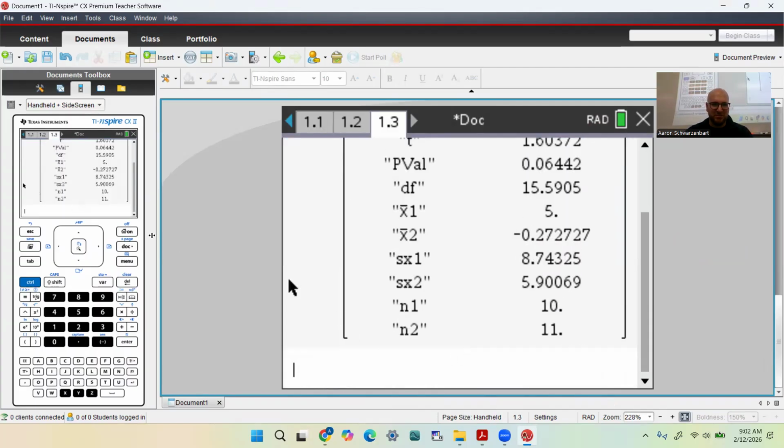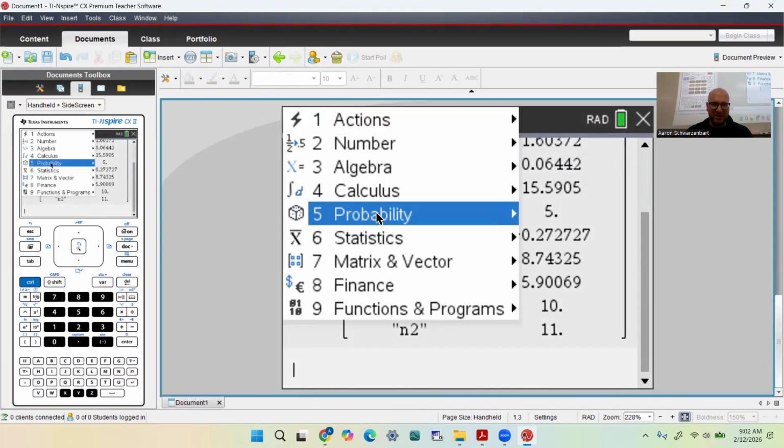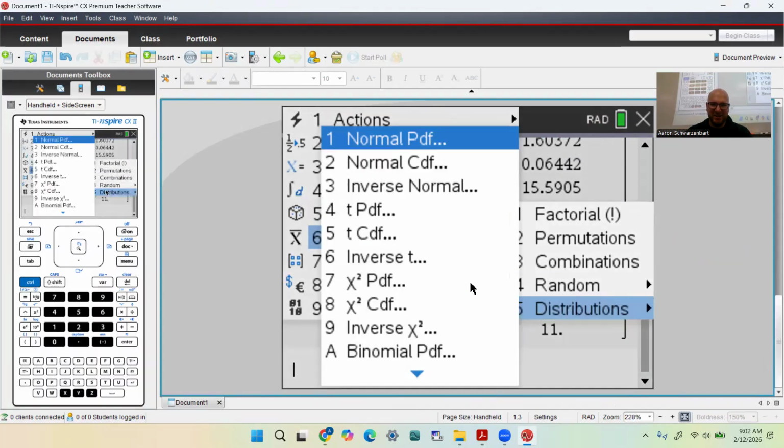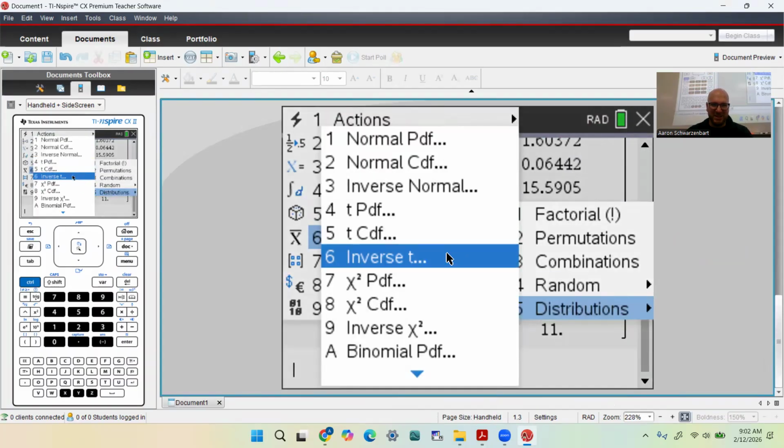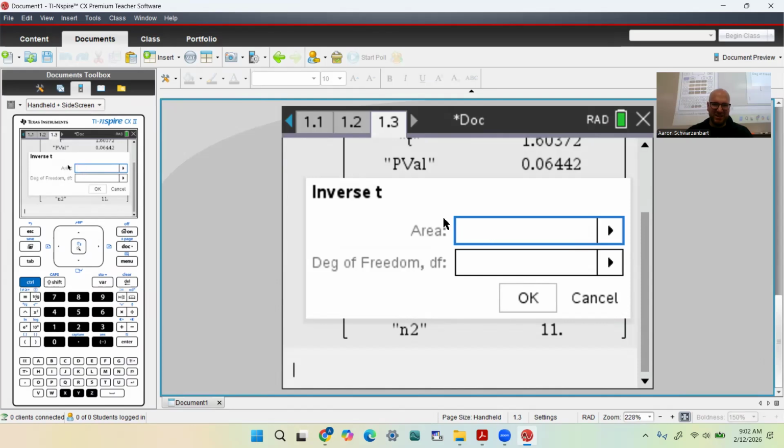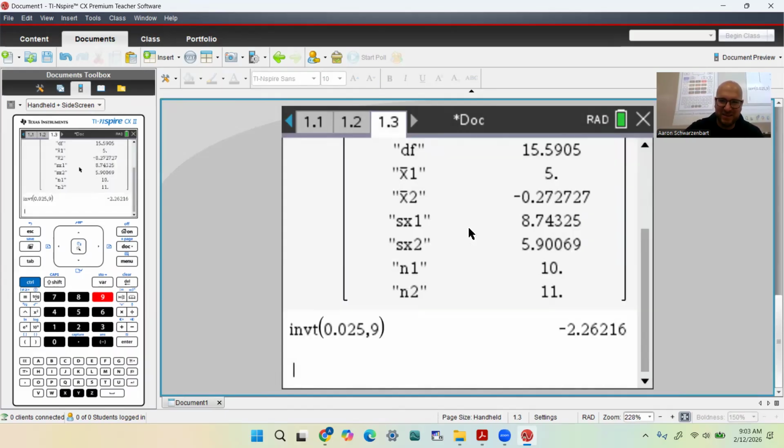That didn't do anything. I guess I didn't have it clicked there. I was clicked in the box, so it didn't take it. There's my 2.26. We drop the negative because it's plus or minus.